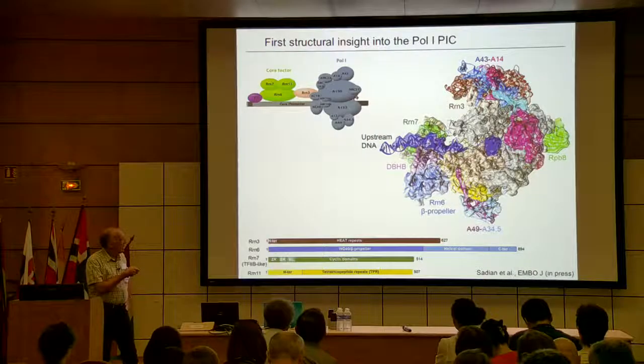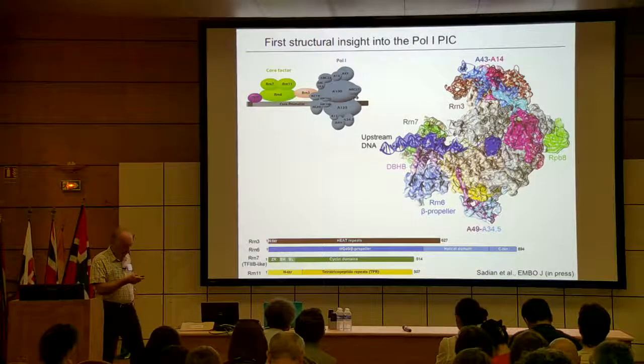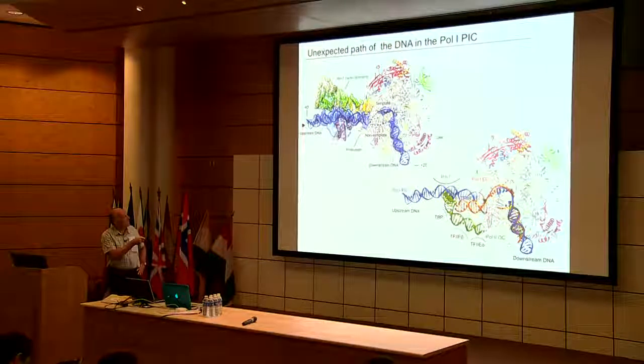And Rrn11, this TPR protein, seems to function as a spacer. What you can also see is that the DNA doesn't have a bend, and this is shown here again. So you see again the TF2B-like factor with the cyclin domains binding here, quite in the distance, with Rrn11 functioning as a spacer.